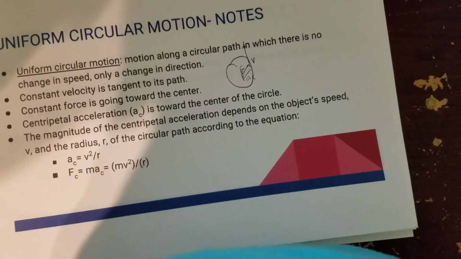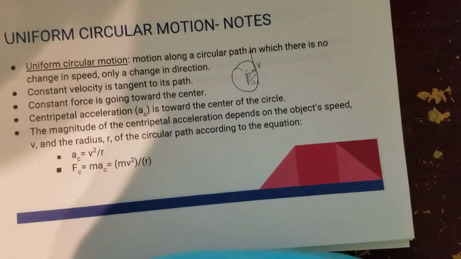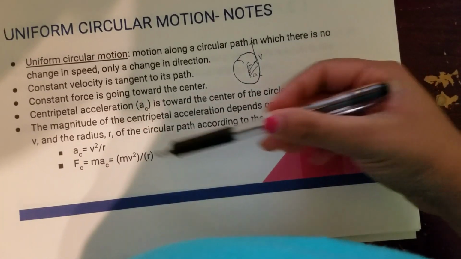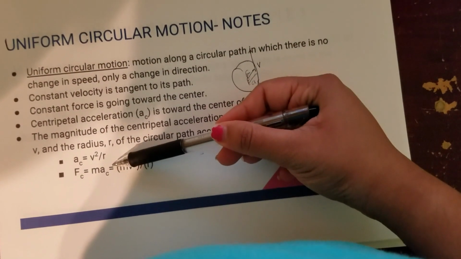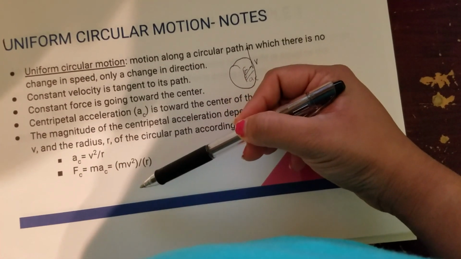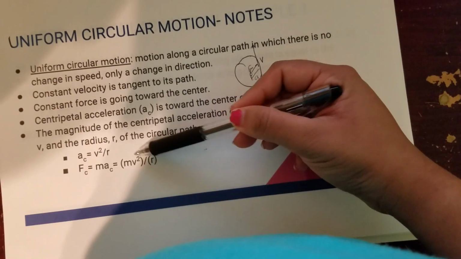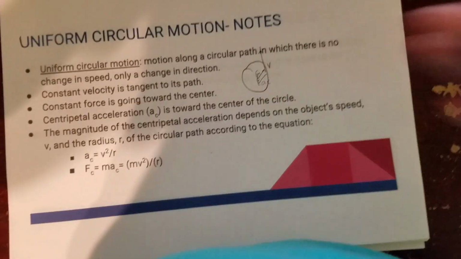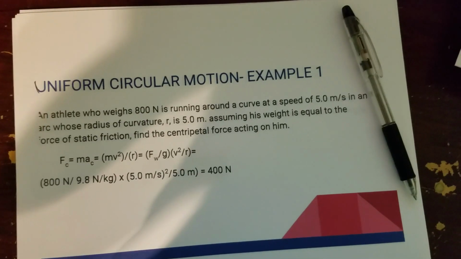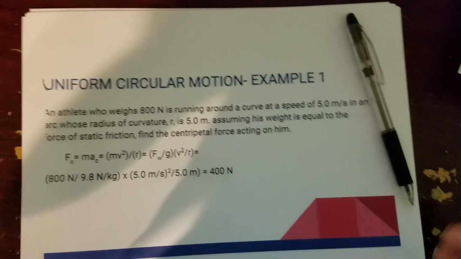You also need to know that centripetal force is mass times centripetal acceleration, which is simply mass times v squared over r, since v squared over r is centripetal acceleration. So here's a simple example.